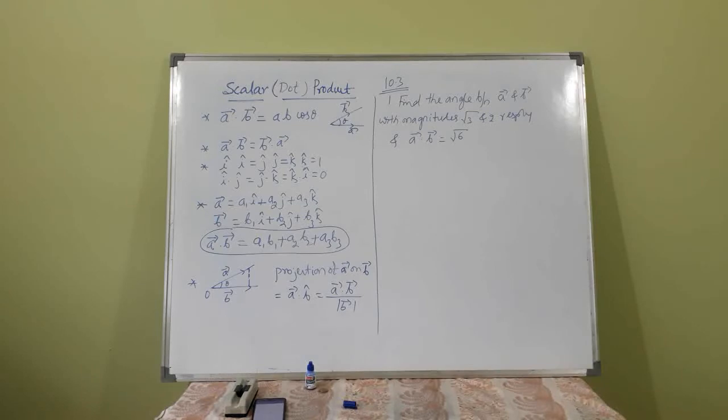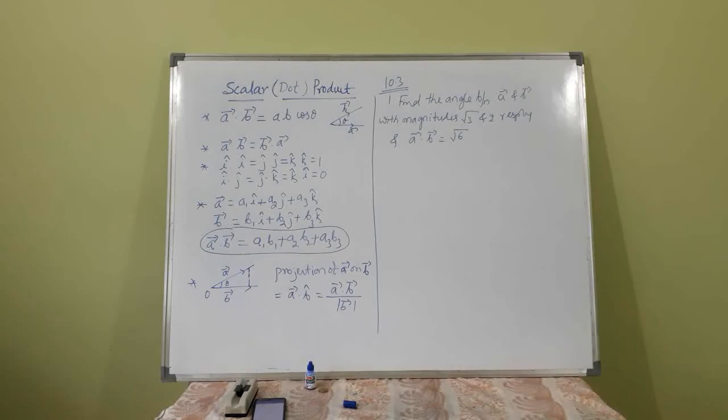And if I, J, K are the unit vectors along the coordinate axes, then I dot I is equal to J dot J is equal to K dot K is equal to 1. And I dot J, J dot K, K dot I are 0, because I, J, K are mutually perpendicular, so cos theta will be cos 90 degrees, hence 0.